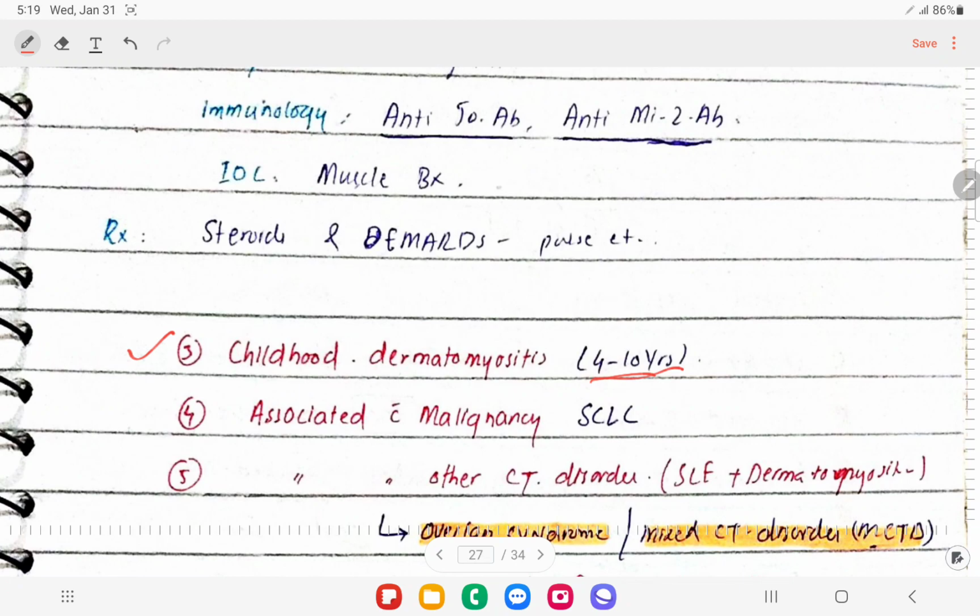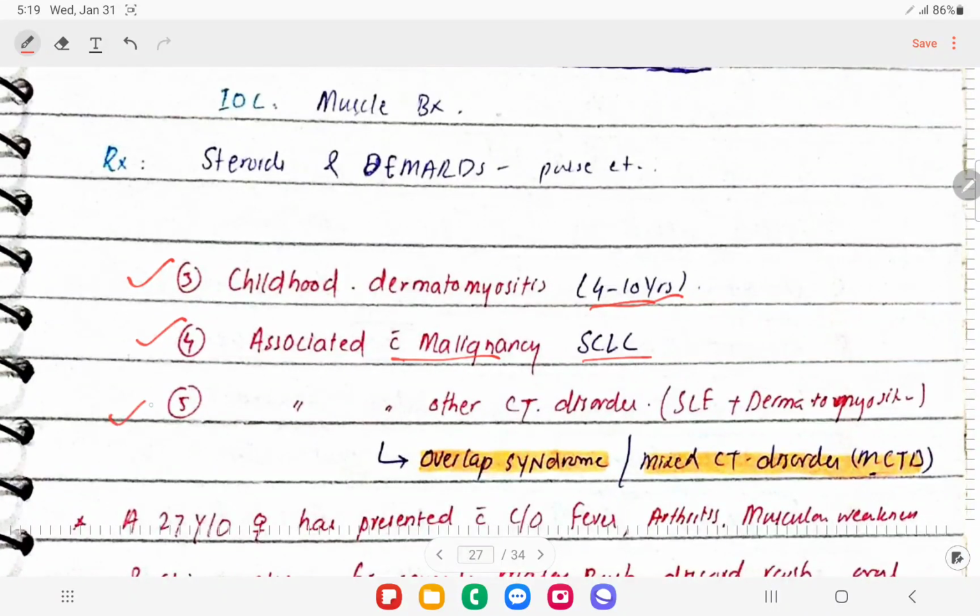The fourth one is dermatomyositis and polymyositis associated with malignancy, like small cell carcinoma of the lungs, right? And the fifth one is polymyositis or dermatomyositis associated with a connective tissue disorder like SLE, and the patient might have SLE with dermatomyositis. This is called overlap syndrome, also known as mixed connective tissue disorder, right?